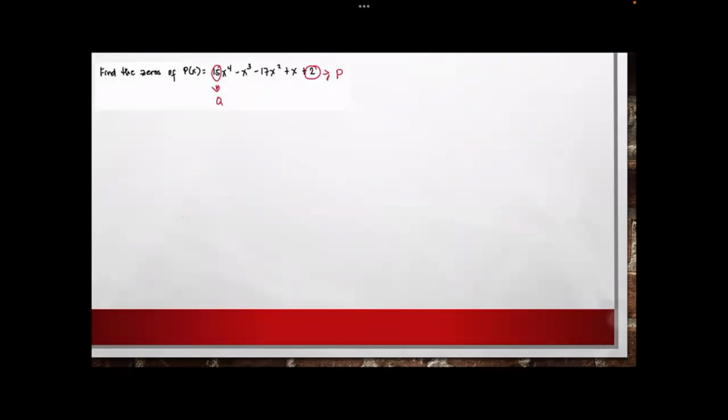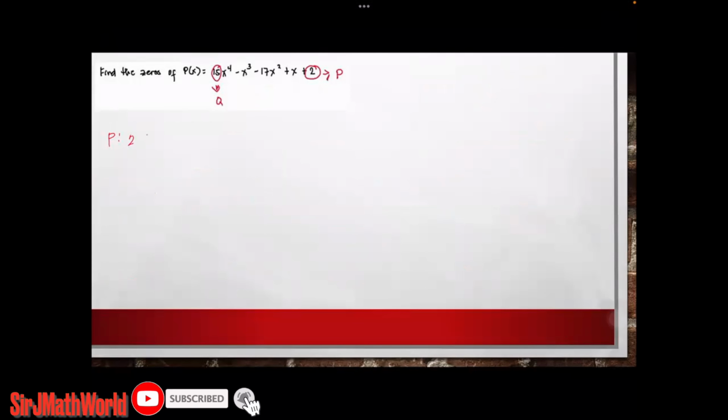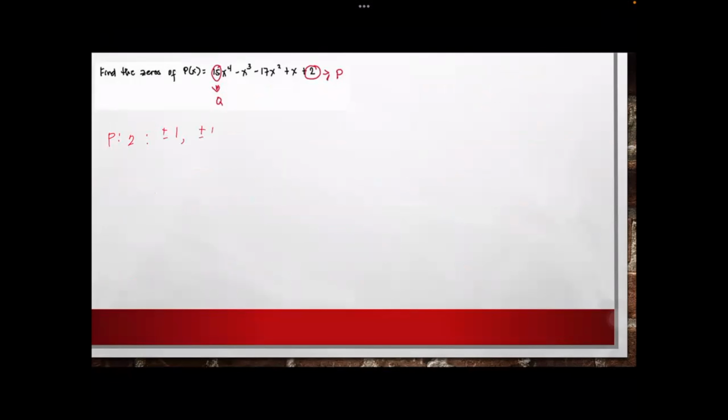Let's have another example. We have here find the zeros of 15x to the 4 minus x cubed minus 17x squared plus x plus 2. So again, our P is 2. So yung factor niya is positive 1 and positive 2. Then your Q, meron tayong 15. Anong factor ni 15?